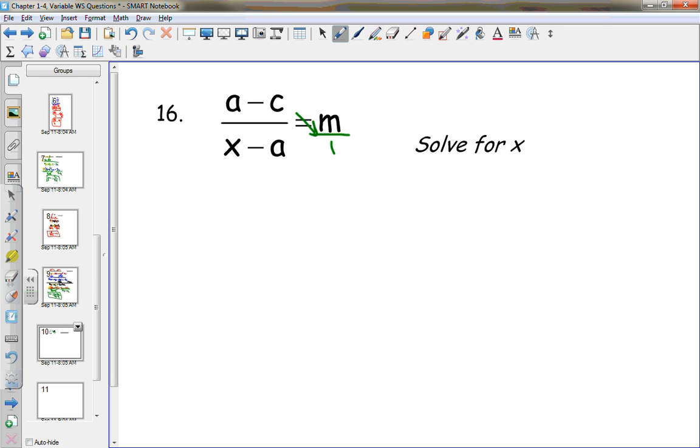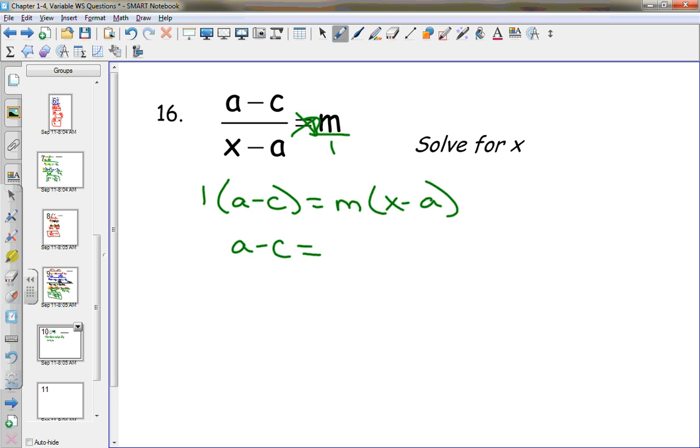So this right here, I'm going to have 1 times a minus c. Over here, I'm going to have m times x minus a. Now, do I need the 1 in front of the a minus c? No. When you multiply something by 1, does it change it? No. Absolutely not. So I have this a minus c is equal to, what do you guys want to do?